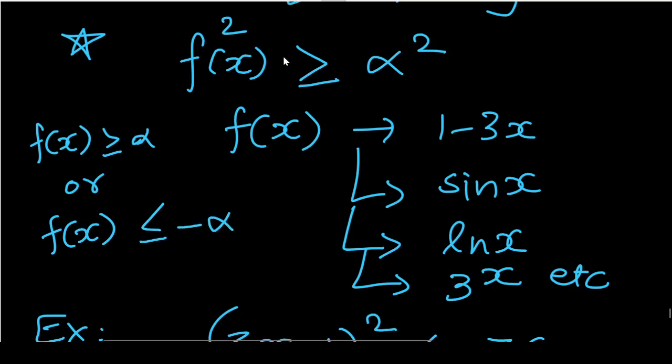This is again a generalized result of x square greater than or equal to alpha square, so x is replaced by f(x). f(x) can be a function, but we will use a linear function here only. Other things would be done later.